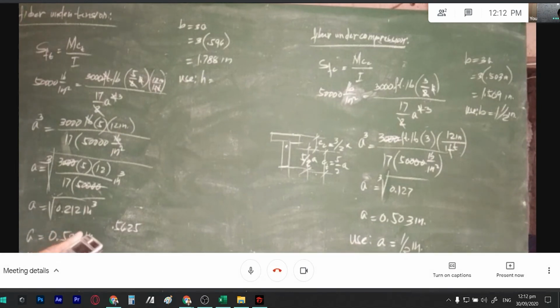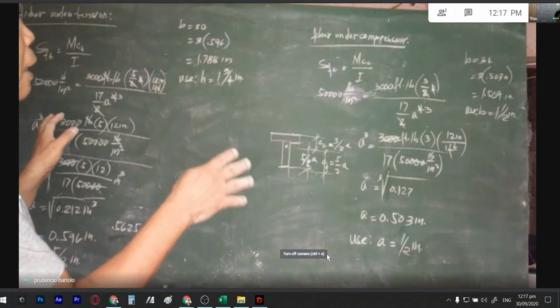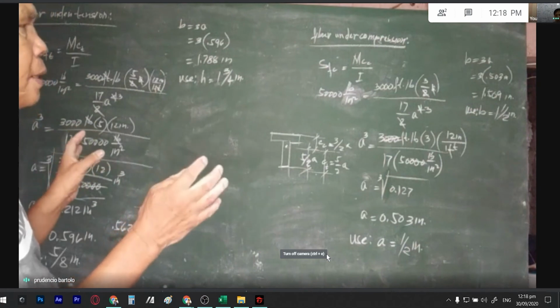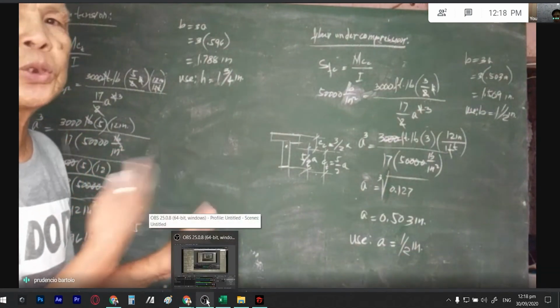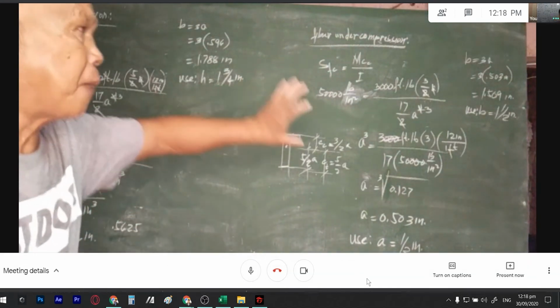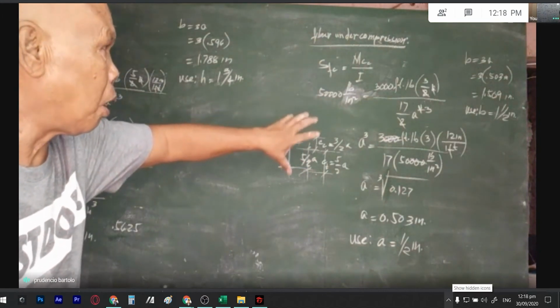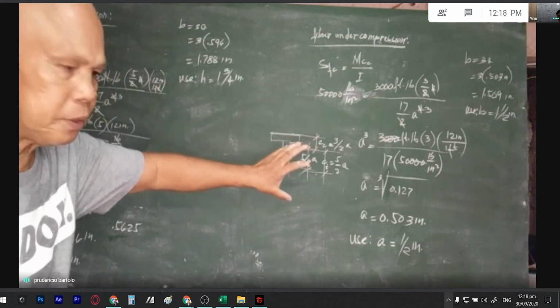Now, look at the equation. What we are simply going to consider is substitute values, say the value taken from the fiber under compression.